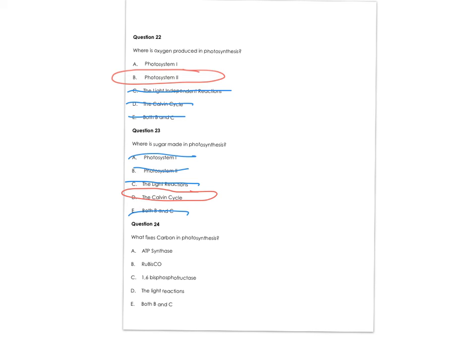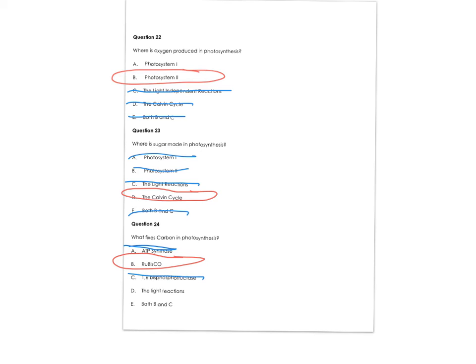Question 24, what fixes carbon in photosynthesis? Fixes, so what captures, what takes in the carbon during the Calvin cycle? The answer is Rubisco, arguably the most important enzyme on the planet, right? ATP synthase makes ATP, we went through that.